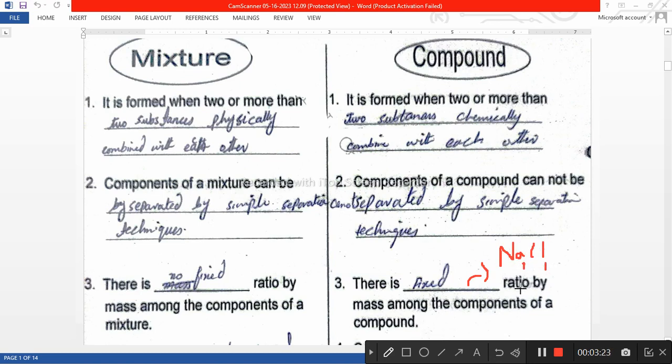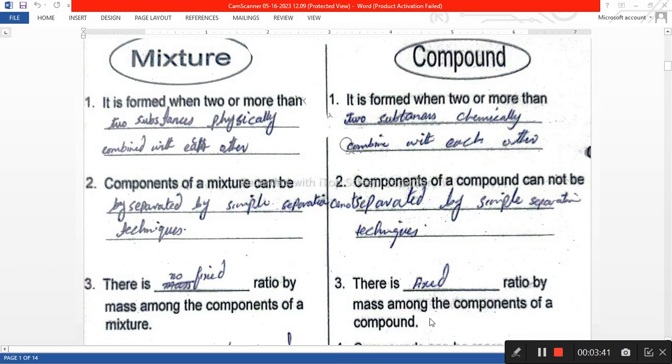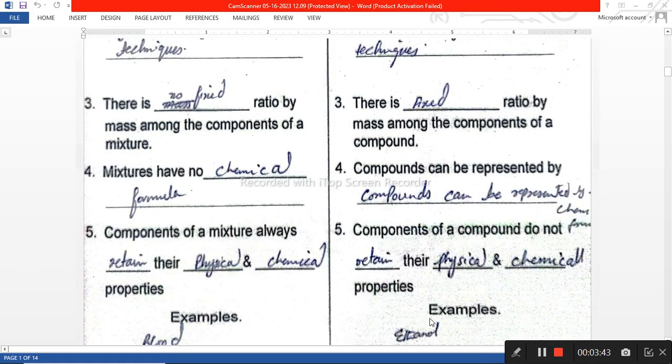And you can take other examples like H2SO4. There is 2 and 4. So we can predict the mass ratio, while in the mixture we cannot predict.